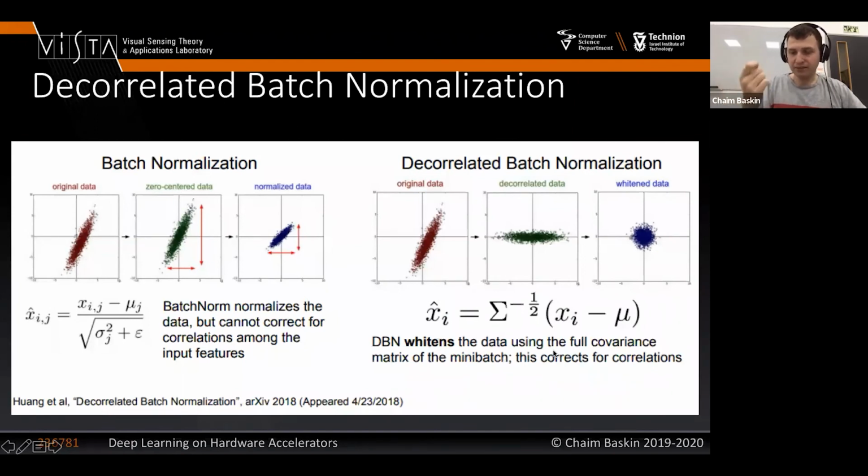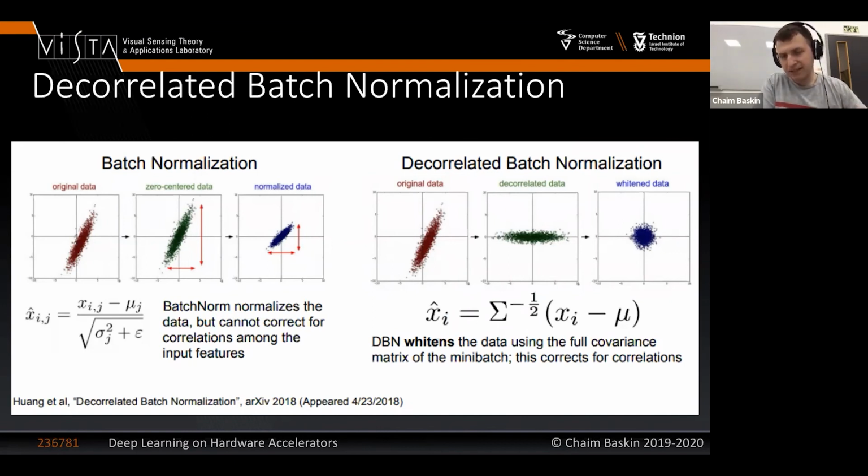We take the covariance matrix, sigma, multiplied by xi minus mu, so after batch normalization we have whitened, decorrelated data.